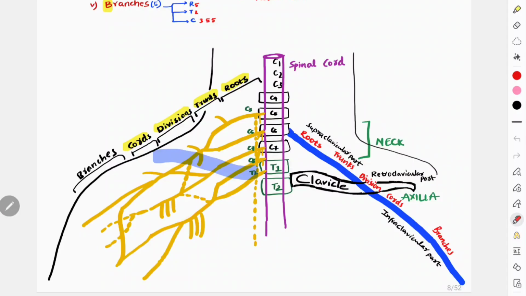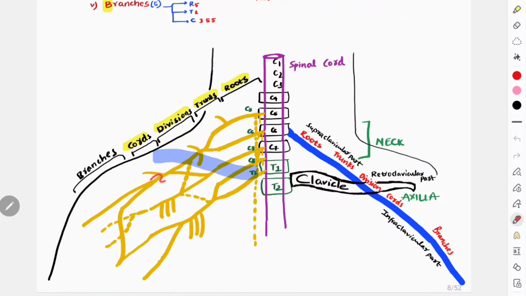So a total of 3 cords are there. These are present in the axilla.